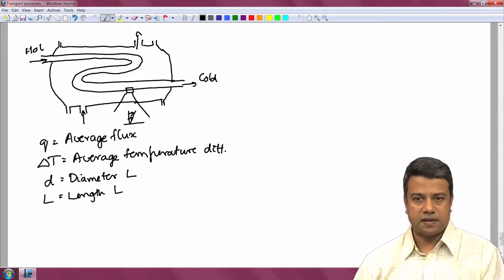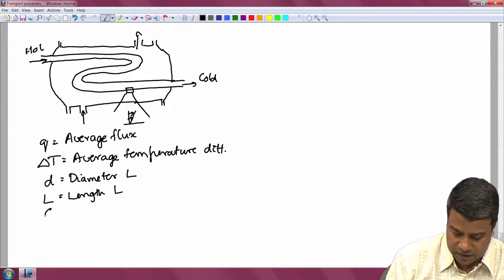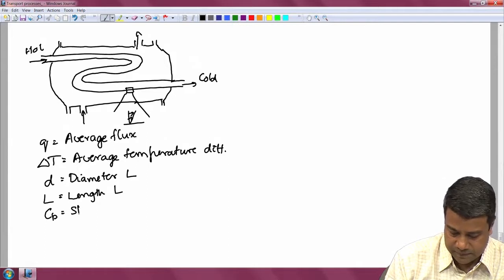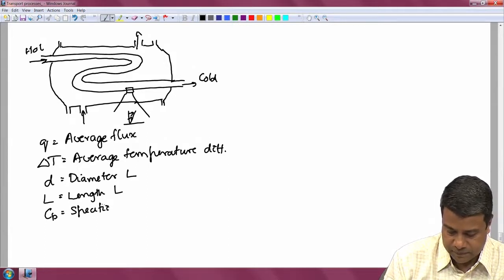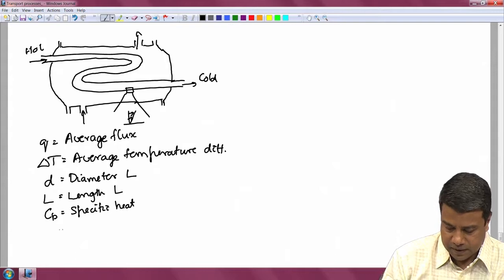Thermal properties in this case are the specific heat and the thermal conductivity.